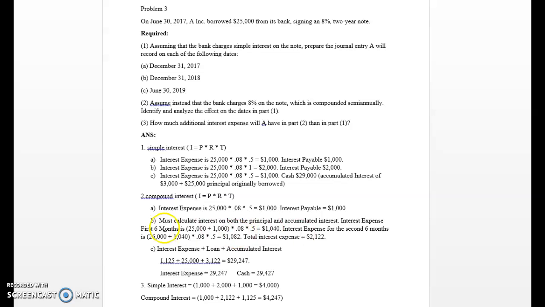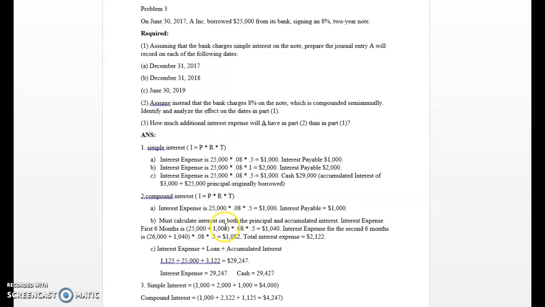For Part B, this is where things get a little bit different with compound interest. We must calculate the interest on both the principal and accumulated interest for compound interest. So, going from December 31st, 2017 to December 31st, 2018, our interest expense for those first 6 months is going to be our $25,000, which is the amount we borrowed from the bank, plus the interest expense from the first 6 months, which we calculated in A of $1,000, times our interest rate of 8% times our half a year.